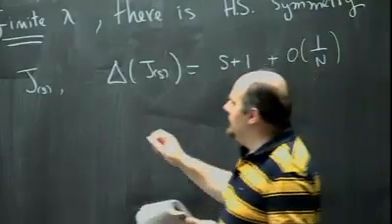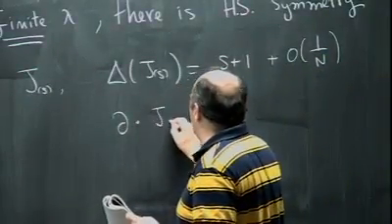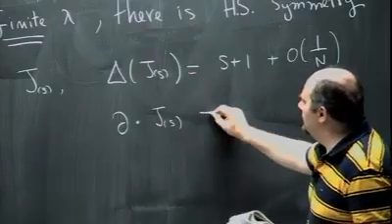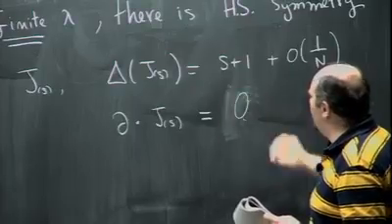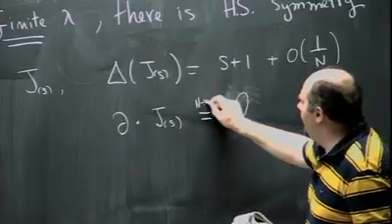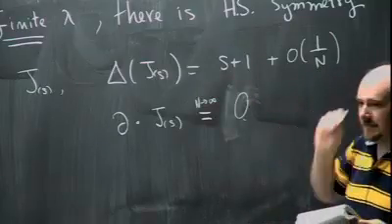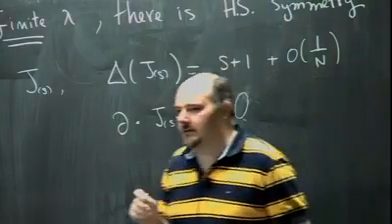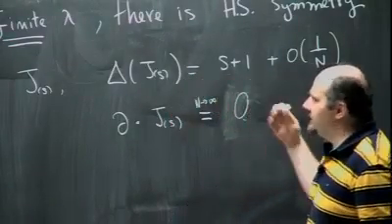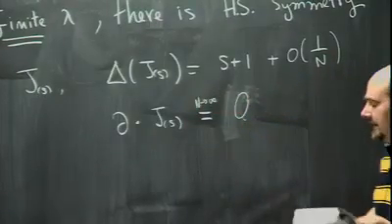There is no anomalous dimension to order n to the 0. In other words, these currents are conserved in the n going to infinity limit. This is similar to what we discussed yesterday for the critical Wilson-Fisher fixed point. The higher spin currents were not exactly conserved there, but they were conserved at large n, so that the anomalous dimensions were only generated at subleading order. And how do we see this?